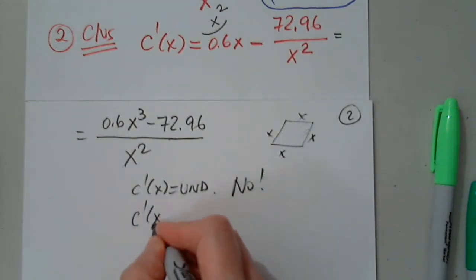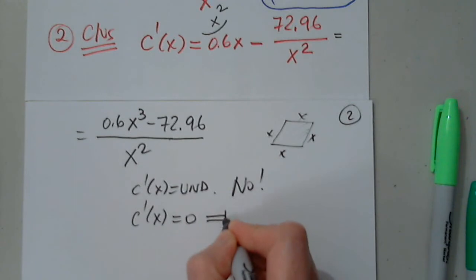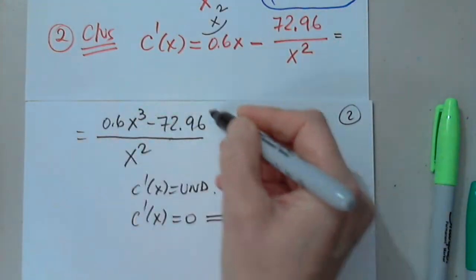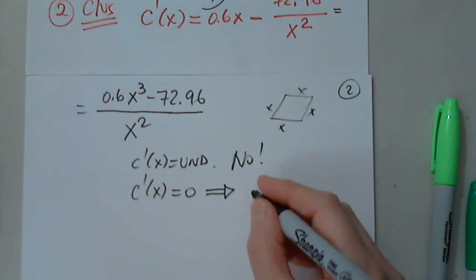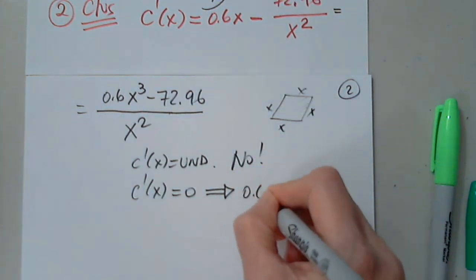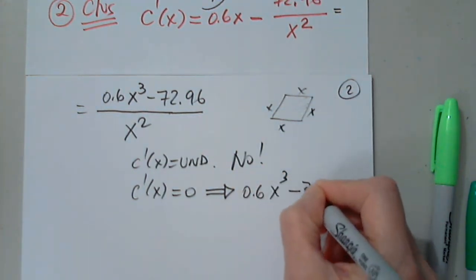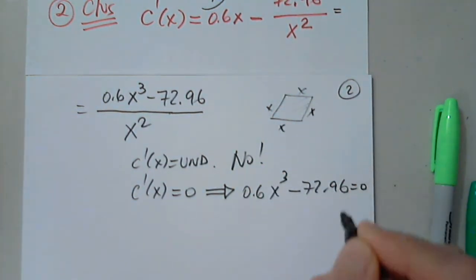So the other source is when C prime is 0. When is this fraction 0? Numerator equals 0. 0.6x cubed minus 72.96 equals 0.